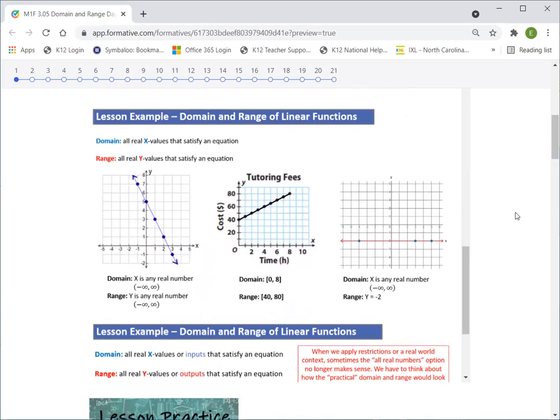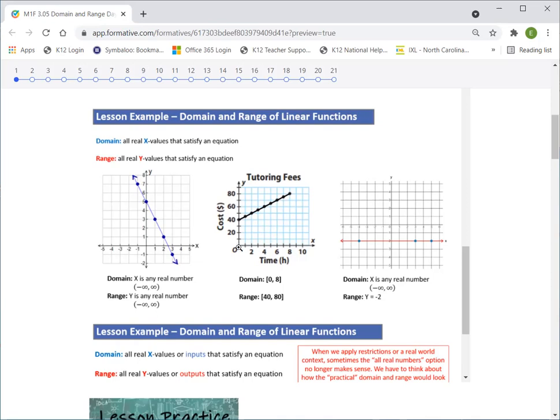Here's some more examples of functions. So here is again a line, which is infinity. They're both all real numbers. Here's one where it ends. So it's a linear function, but it's in a real life situation. So it's bounded. If I look here from left to right on my x-axis, this is the furthest left side.